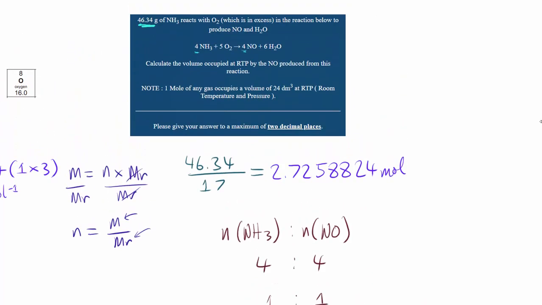Now, in terms of the relationship between the moles and the volume, 1 mole of any gas occupies a volume of 24 decimeters cubed at room temperature and pressure. And we've been asked to calculate the volume occupied at room temperature and pressure. So for every mole of NO that we have, it's going to occupy 24 decimeters cubed.